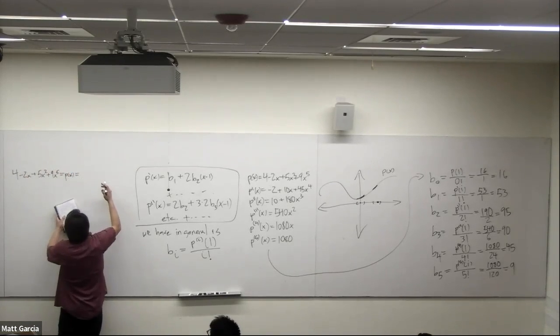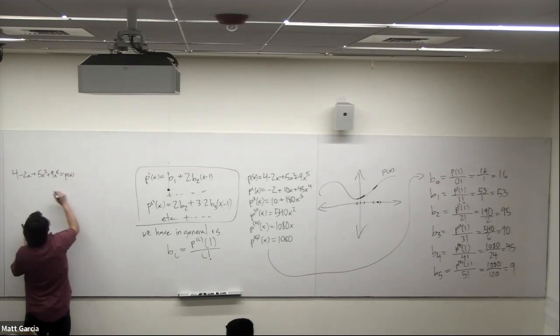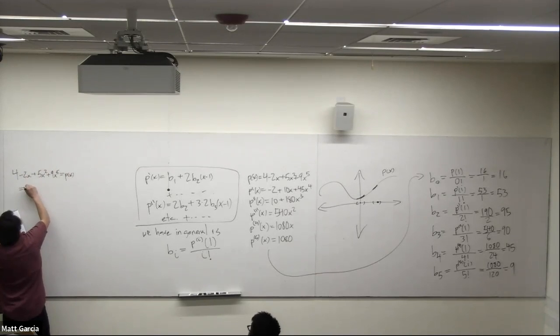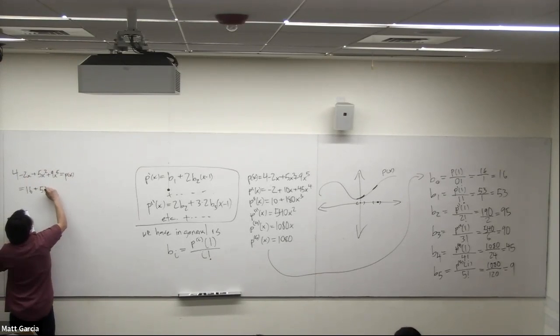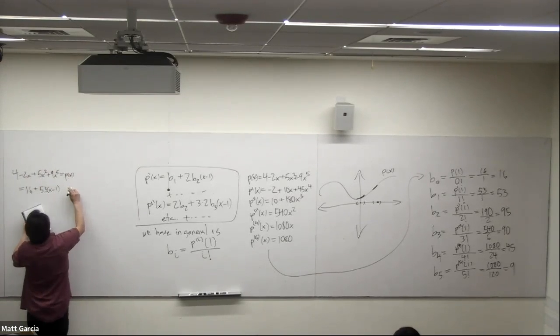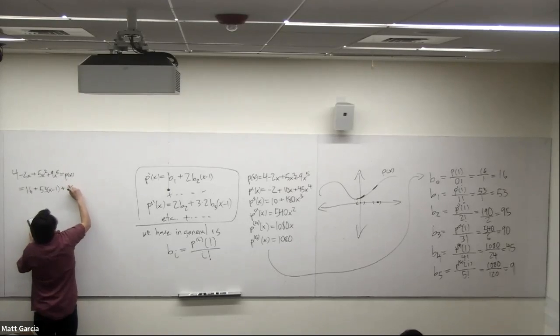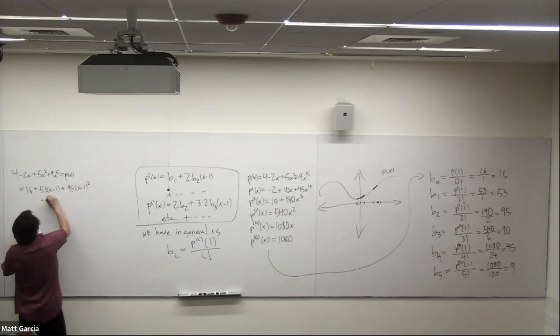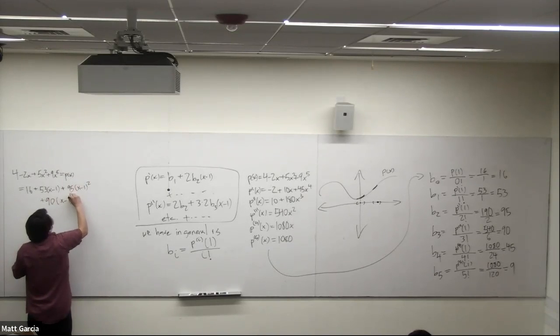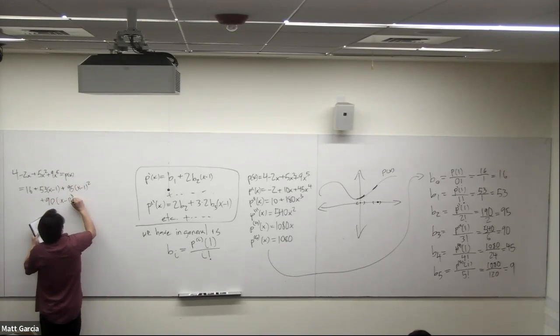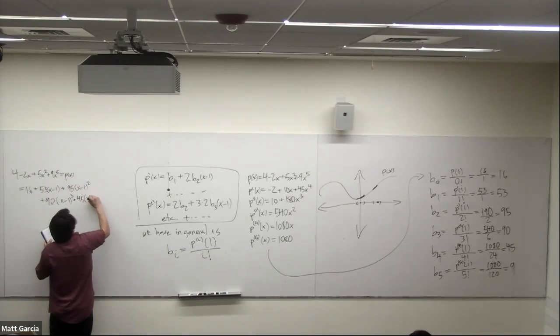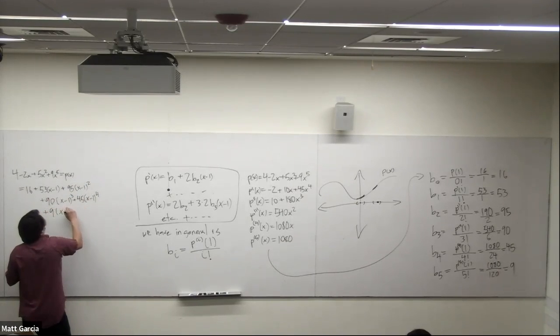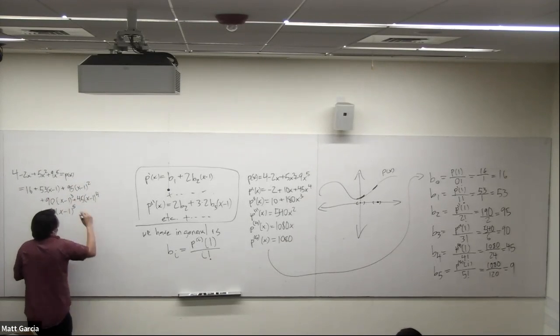And if you actually perform all these multiplications and FOILings, what you'll find is that this equation is equal to 16 plus 53 times (x minus 1) plus 95 times (x minus 1) squared plus 90 times (x minus 1) to the 3rd plus 45 times (x minus 1) to the 4th plus 9 times (x minus 1) to the 5th.